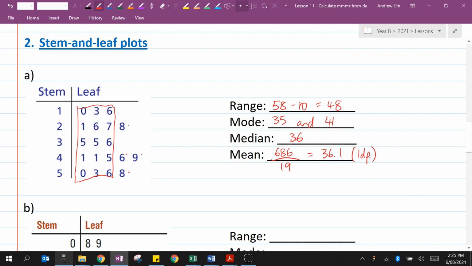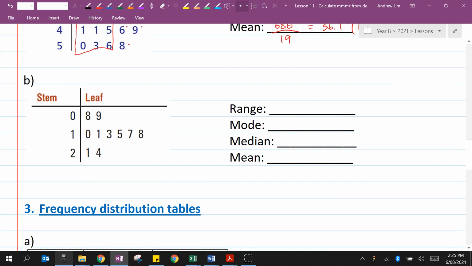Okay, and you can see that that is somewhere between the lowest score of 10 all the way to 58. We're looking for a number that's somewhere between them. Good. The modes are between the lowest and highest scores. The median is as well, and so is the mean. So hopefully I didn't make any mistakes.